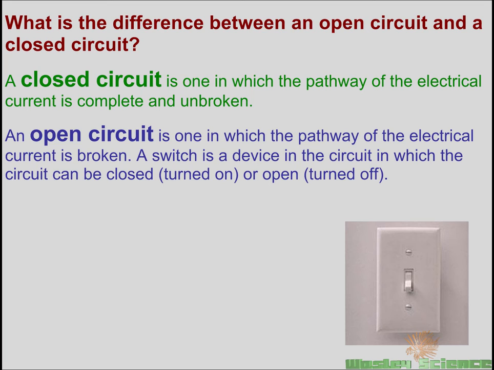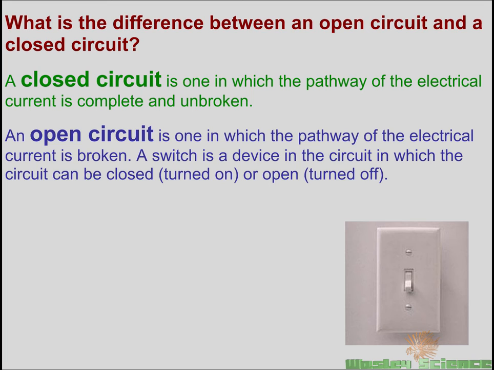What this means is when you have a closed circuit, you have set the switch so that you are connecting all the wires together, so your lights or anything that's hooked up to that switch can in fact turn on. And an open circuit is one in which the pathway of the electrical current is broken. What I mean by broken doesn't mean that it's unfixable. It just means that your switch is off. And when your switch is off, your lights are off.